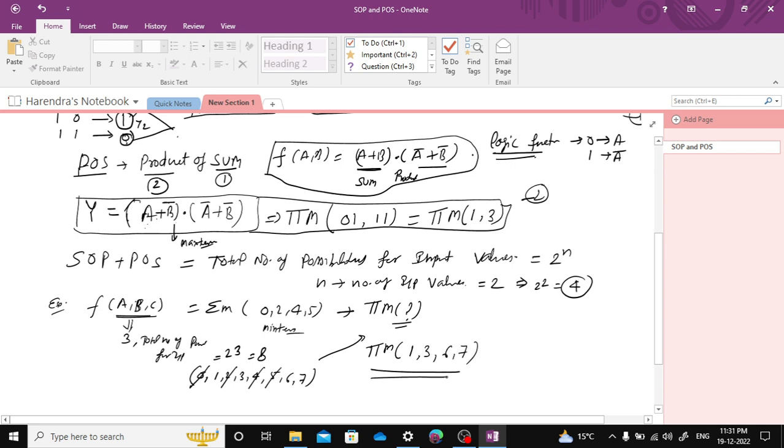So your expression is pi m 1 3 6 7, that is the POS expression. So SOP and POS are complements of each other. Okay, so whatever the remaining terms are will belong to POS. So if we add both terms, 4 terms in SOP and 4 terms in POS, the total number of terms is 8, that is the total number of possibilities for inputs. Thank you.